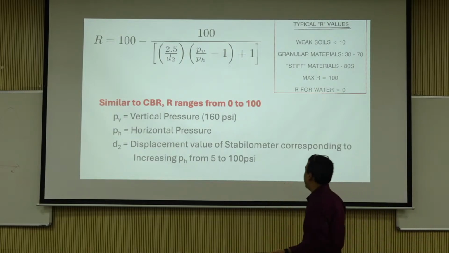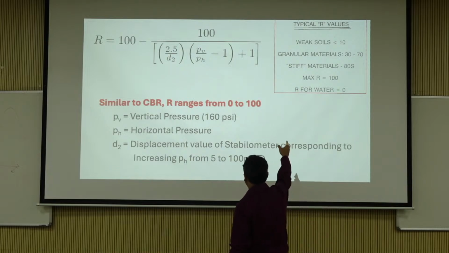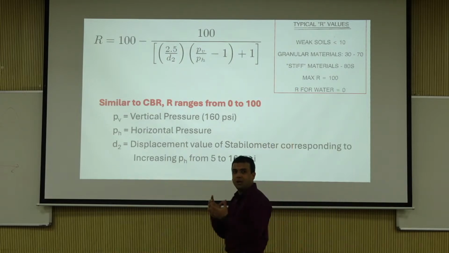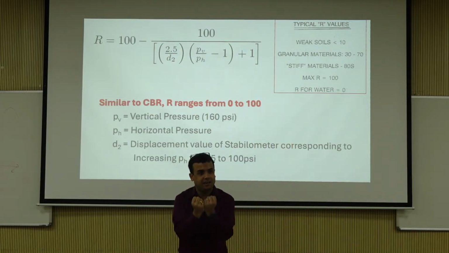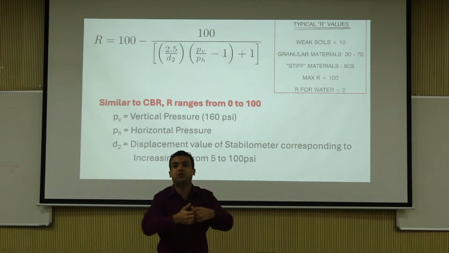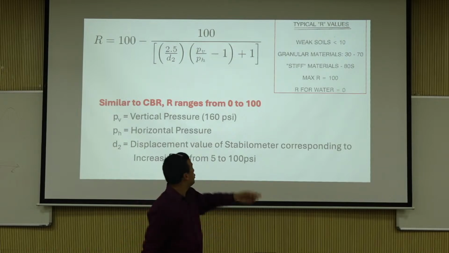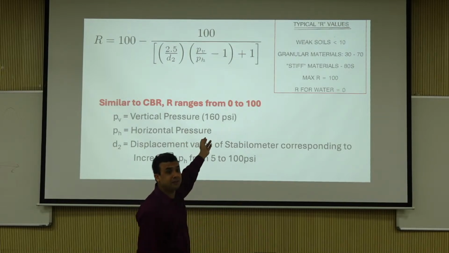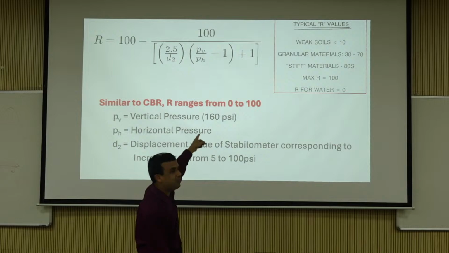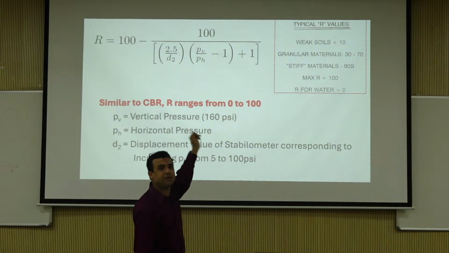On the other hand, if it is water, what is going to happen? When you increase PV, the pressure in the vertical direction, how much will be the increase in the horizontal direction? Same pressure, hydrostatic, right? So PV over PH becomes 1, 1 minus 1 becomes 0, plus 1 becomes 1, 100 divided by 1 becomes 100, 100 minus 100 becomes 0.